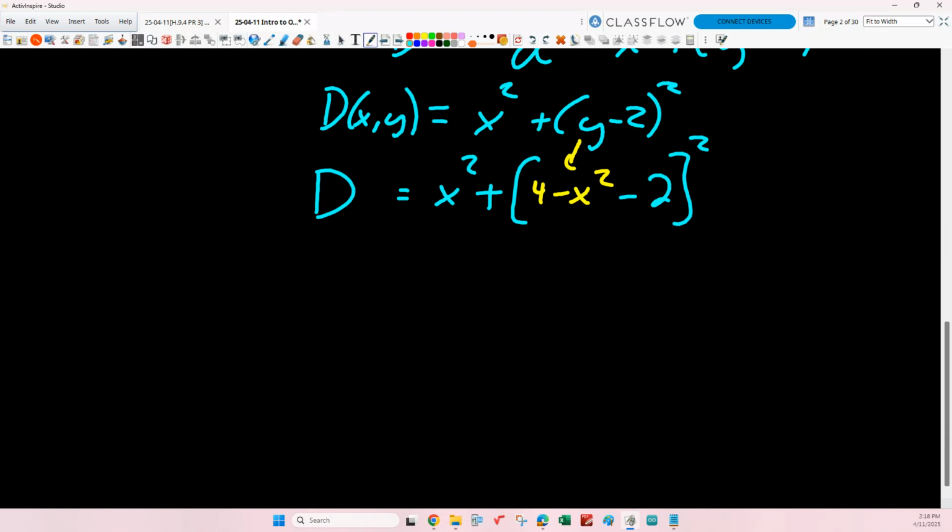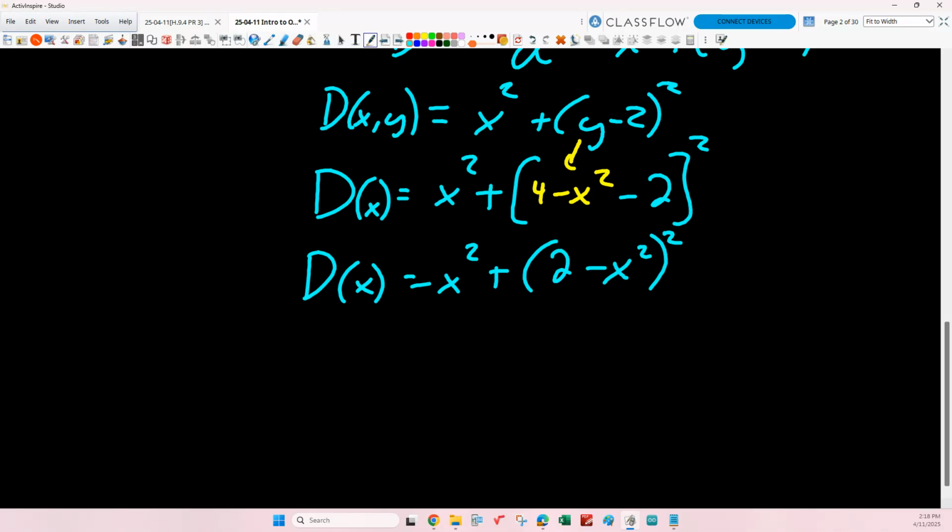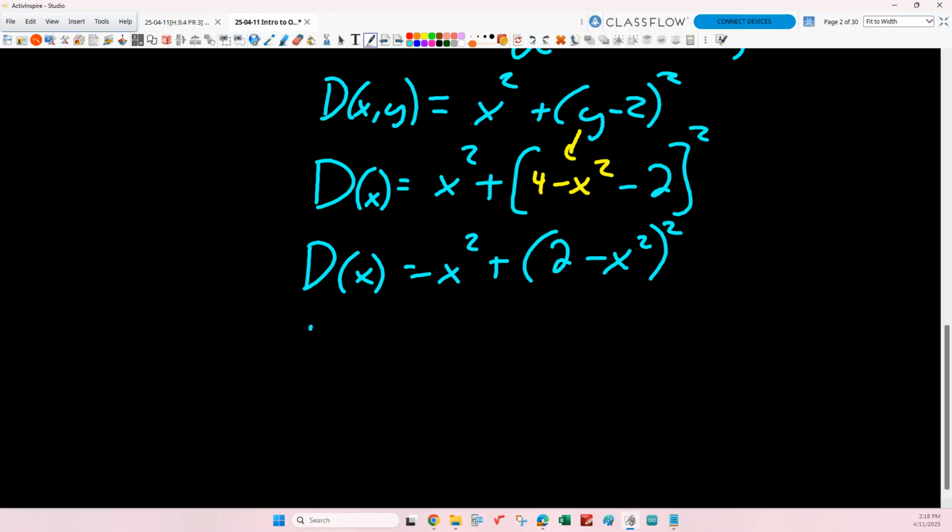Well, that's just 2 minus x squared, squared, right? And notice this is now a function of a single variable. Okay, what is that? What's the quantity 2 minus x squared, squared?